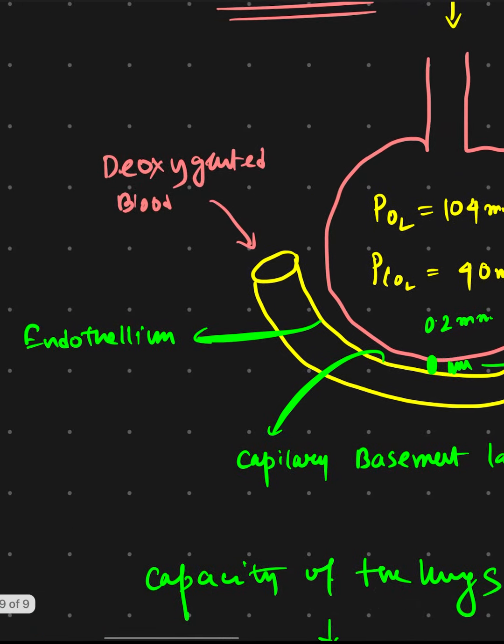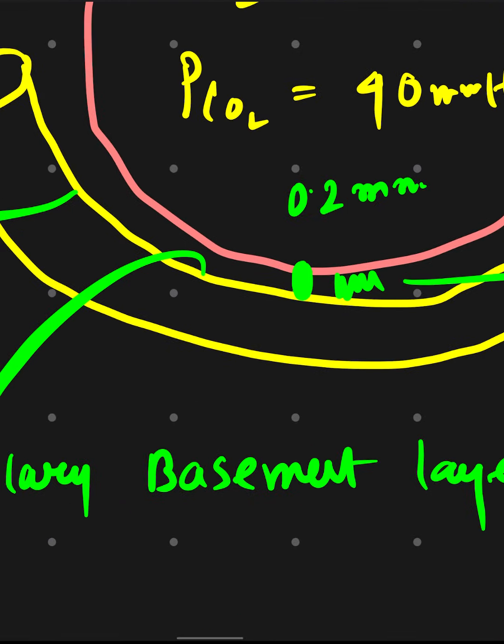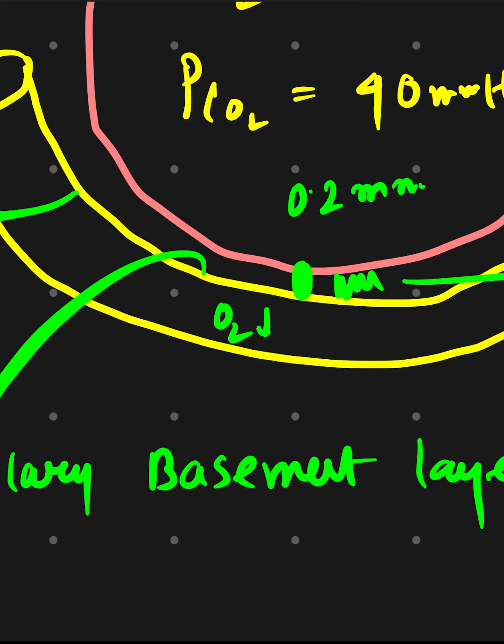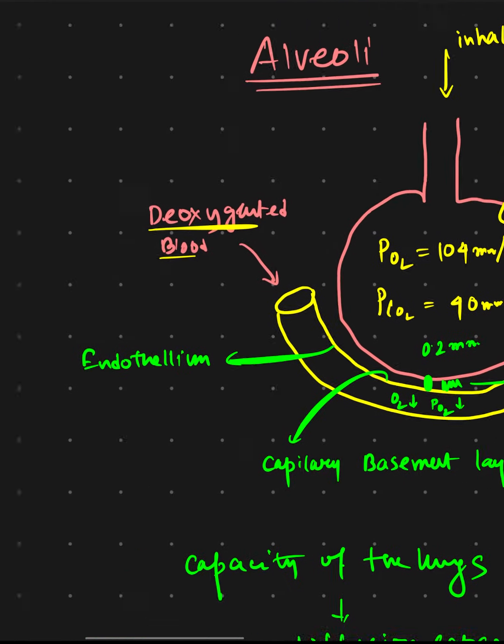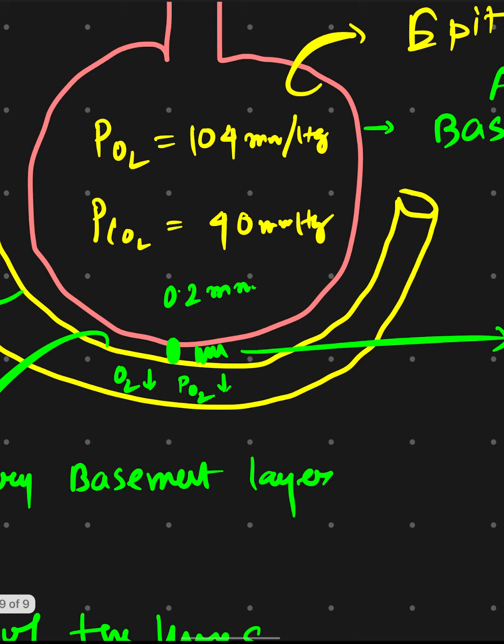And in the deoxygenated blood that is brought by the blood capillaries, the concentration of oxygen is low, so naturally the partial pressure will also be low in case of oxygen. You know that the flow occurs always from high potential to low potential. So in this case also the oxygen will flow from the alveoli to the blood capillary, due to the difference of partial pressure, as the partial pressure is 104 in the alveoli and the partial pressure of oxygen in the blood is around 40 mmHg.